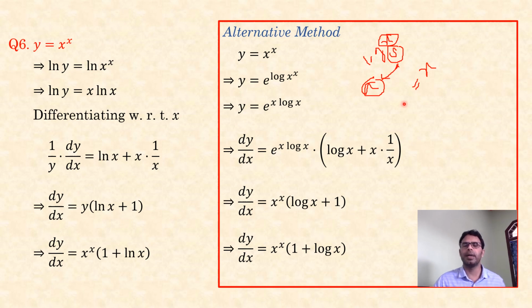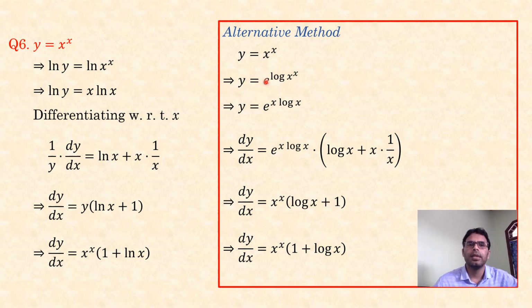So using this property, I am writing the right hand side with some modification. This x to the power x is already here. I am just writing it as e to the power log of x to the power x, with the terms remaining the same.